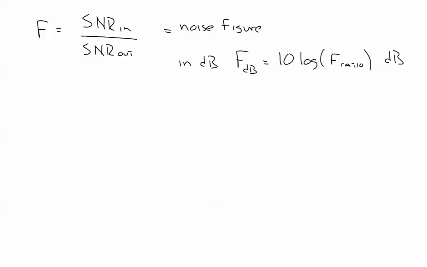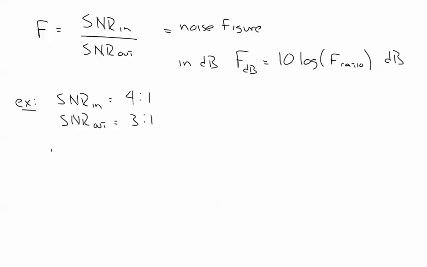So for example, just a quick little example here. Let's say that my input has a signal-to-noise ratio of 4:1. My signal power is 4 times larger than my noise power. And let's say that at the output the signal-to-noise ratio is 3:1. All right.